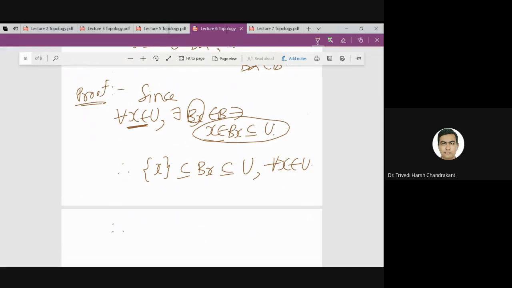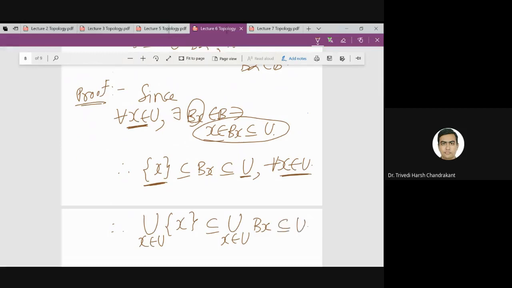Now what will I take? I will take the union of this over x in U. If I take the union of all these sets, x belongs to U, then clearly it is a subset of the union over x belongs to U of Bx. And these sets are the same. If you take U union U, you will get U only.